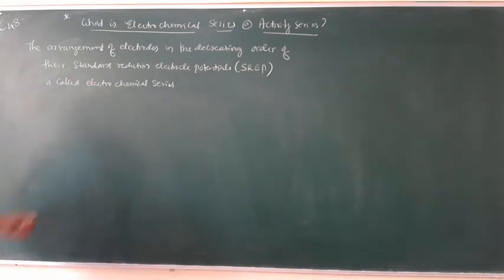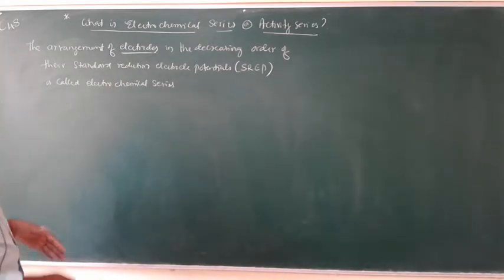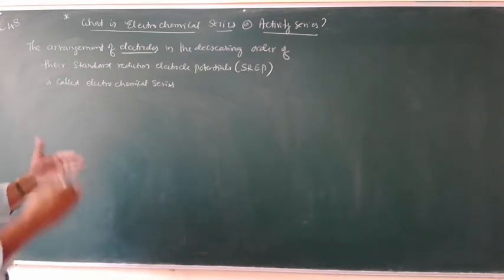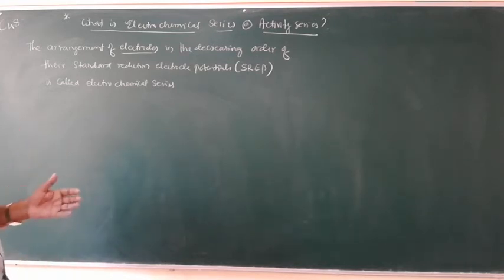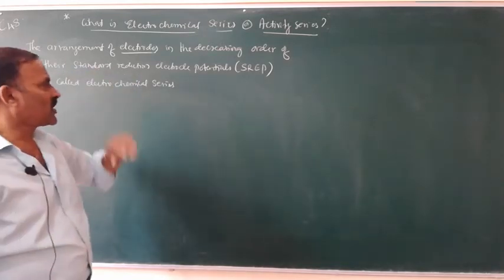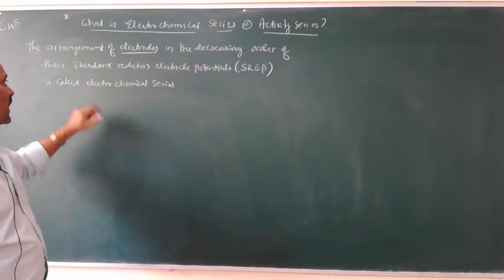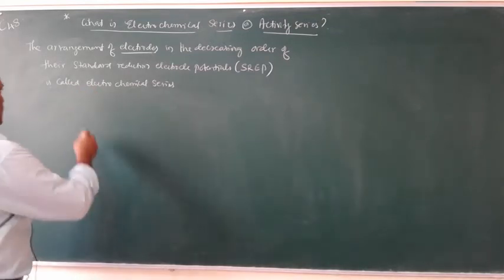The electrode potentials of many electrode systems can be determined, and if they are arranged in the decreasing order of their standard reduction electrode potentials, it is called the electrochemical series.